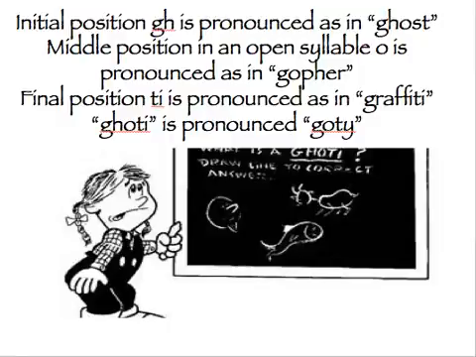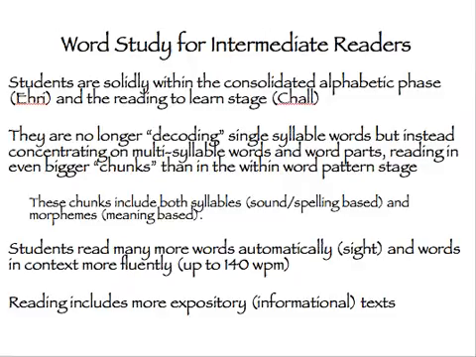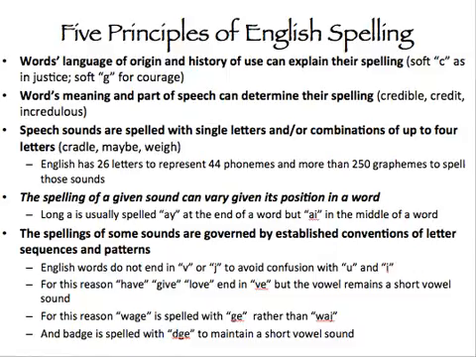And when TI appears at the end of a word, it represents the T sound as it does in graffiti. So GHOTI really would not be pronounced fish, but rather goatee. So as Motes argues, in fact, English spelling is more predictable and less arbitrary than we sometimes think.